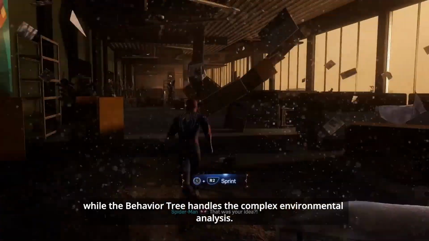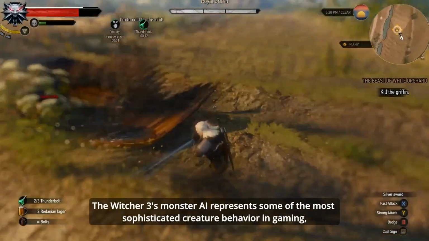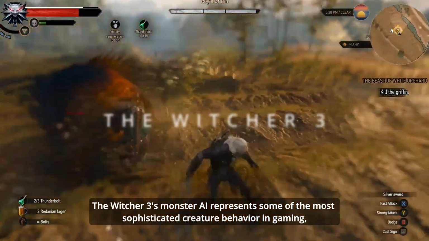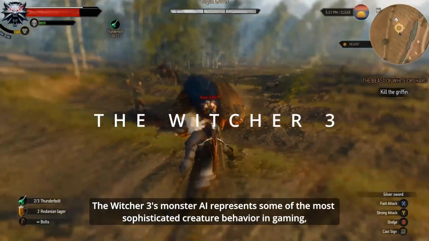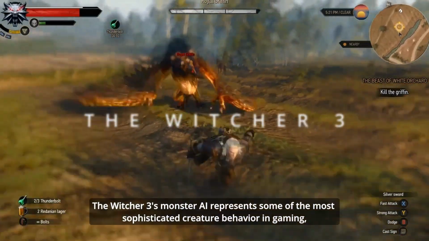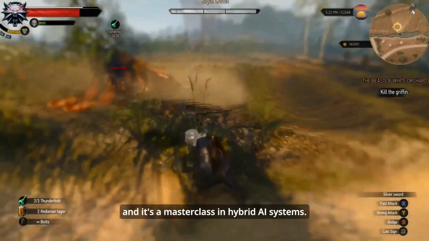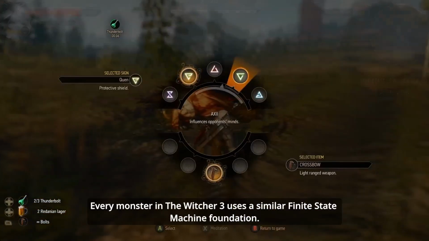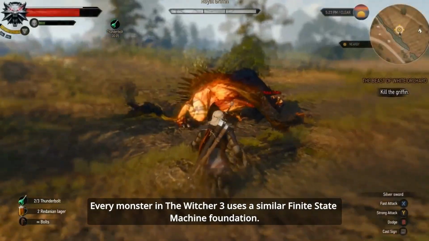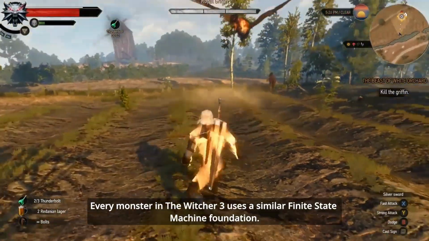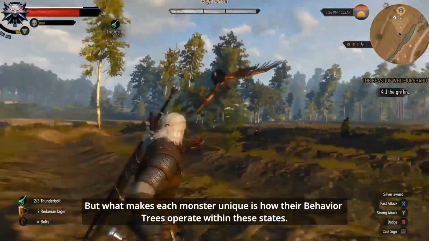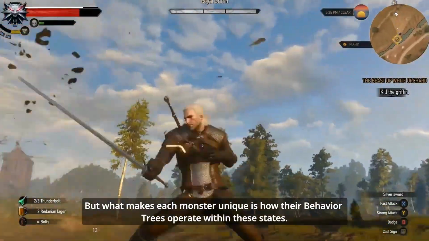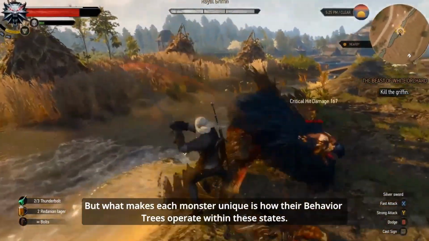The Witcher 3's monster AI represents some of the most sophisticated creature behavior in gaming, and it's a masterclass in hybrid AI systems. Every monster in The Witcher 3 uses a similar finite state machine foundation. But what makes each monster unique is how their behavior trees operate within these states.